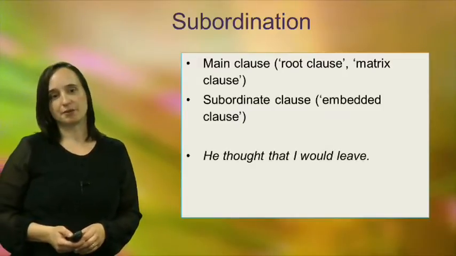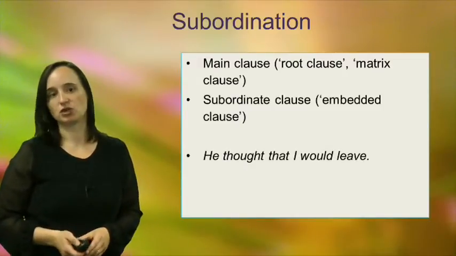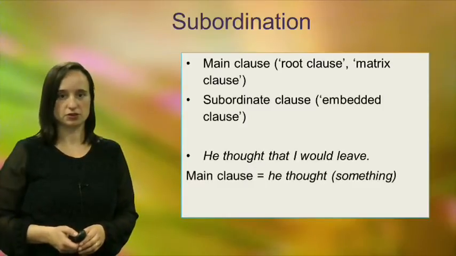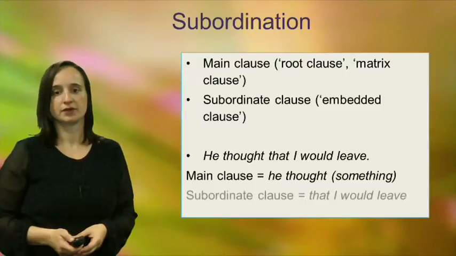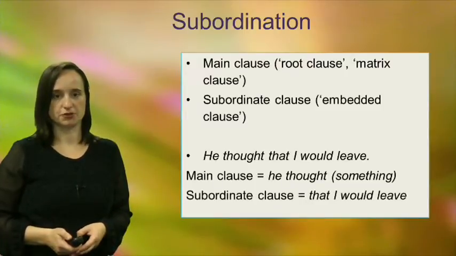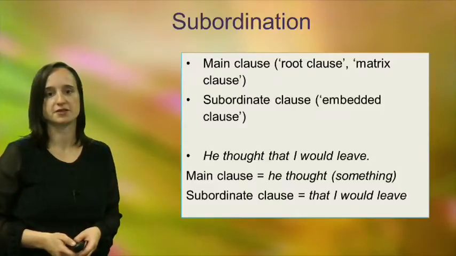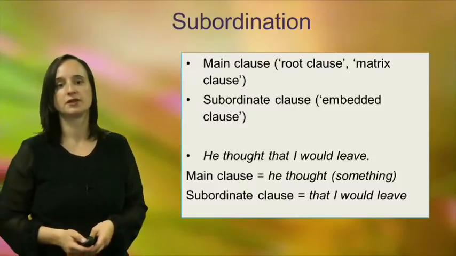And we've got our example again here. He thought that I would leave, which consists of the main clause, he thought something, and our subordinate clause, that I would leave, which is introduced here by the subordinating conjunction.